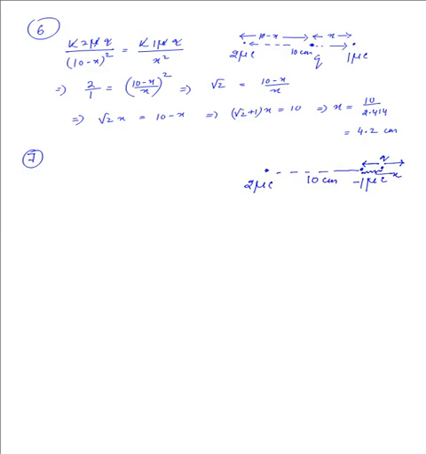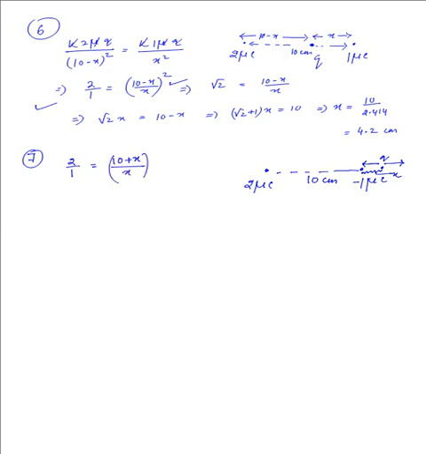So from the 2 microcoulomb charge, as you can see in the above case, we just cancelled out everything on this step, and we ended up like this. The ratio is again going to be 2 over 1. So instead of 10 minus x, this will be 10 plus x this time, because the distance is greater than 10, and on the other side of the 1 microcoulomb, which is negative in this case.